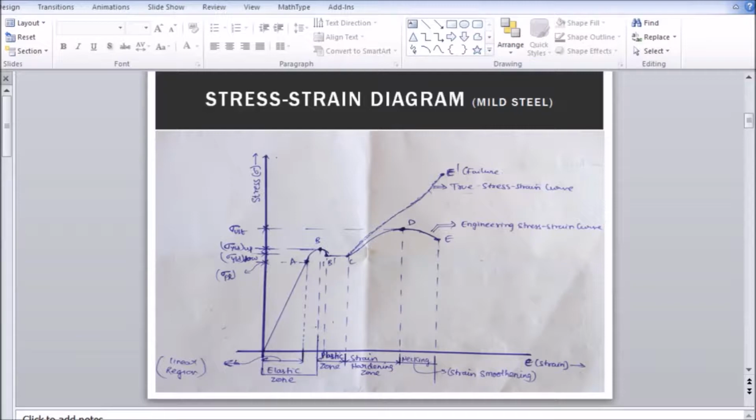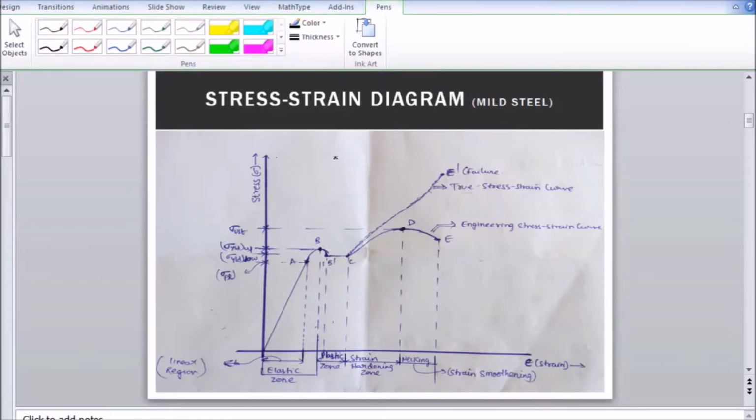It will develop some internal force which will resist the external force, and the internal force will be distributed across a certain area which we will call the resisting area. That resisting force developed divided by the resisting area is the stress generated in the body due to the load applied.